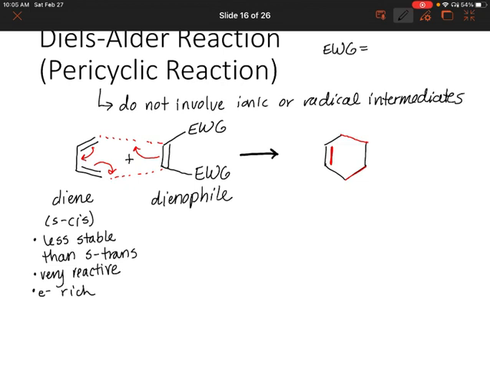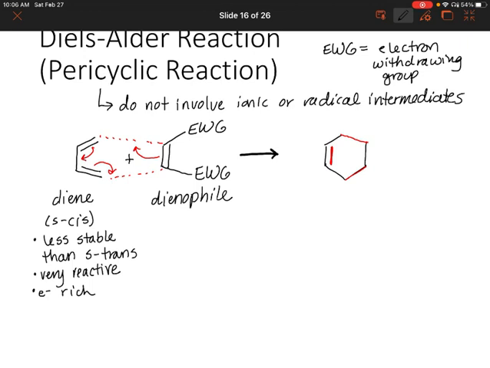So EWG stands for electron withdrawing group. So this would be something with really electronegative atoms like oxygen or maybe a bromine, or even like a nitrogen. So just something that's more electronegative than carbon.